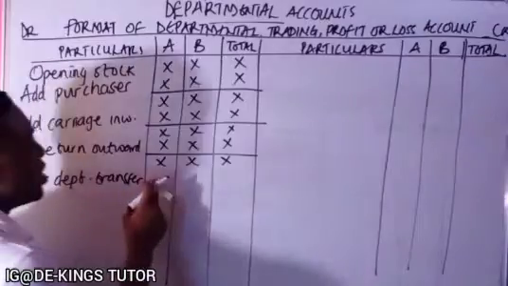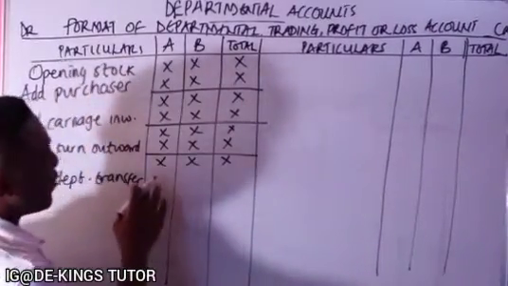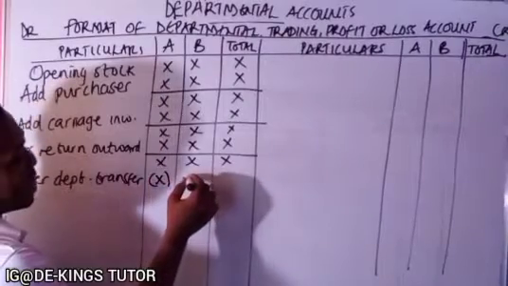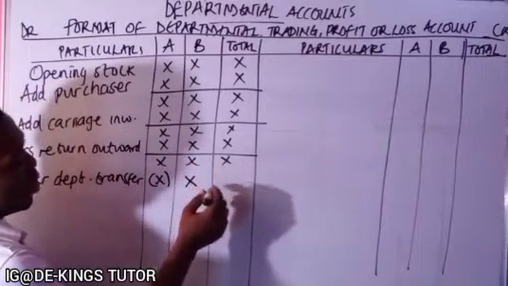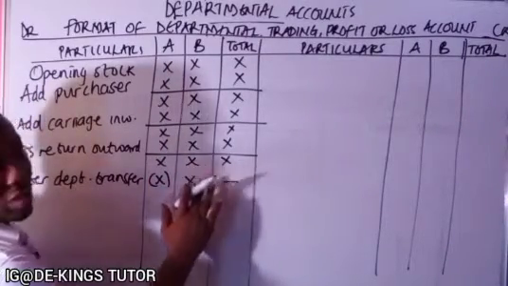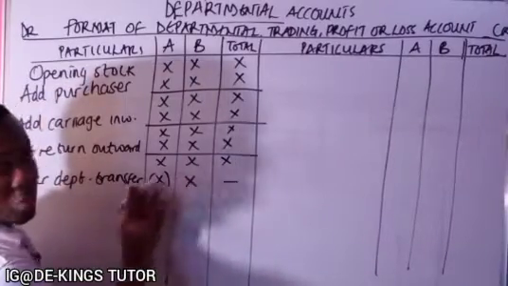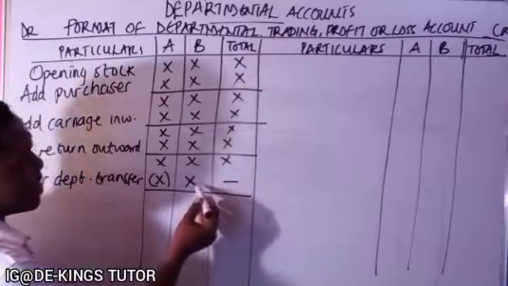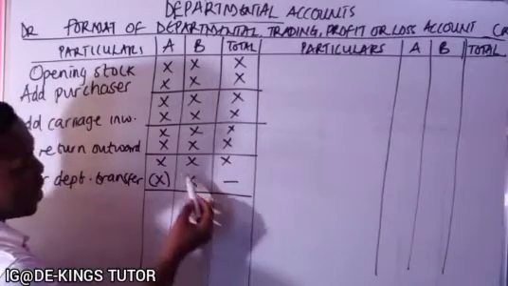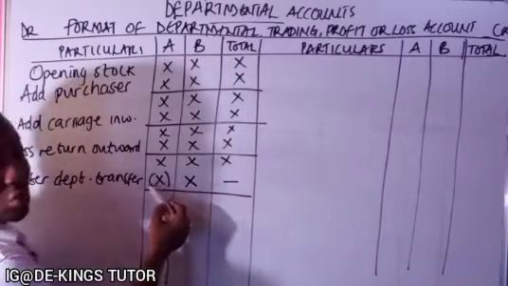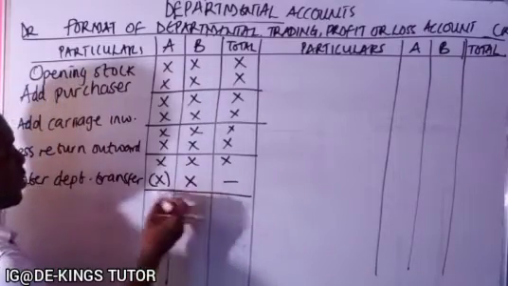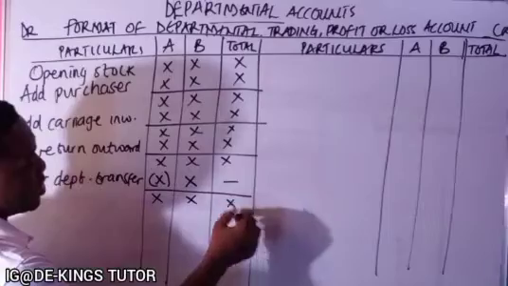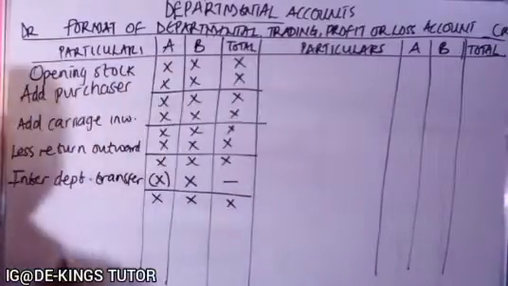For instance, if they say interdepartmental transfer from A to B, A, you will less the value of that goods and add it to B. There will be nothing in the total since it involves a transaction between the two departments. But if they say transfer from B to A, you less that of B and add it to A. So this minus this will give us this, and add it to this. This brings here, and still gives us the same thing.